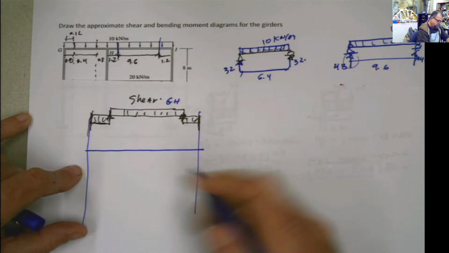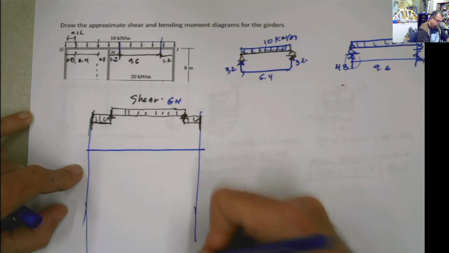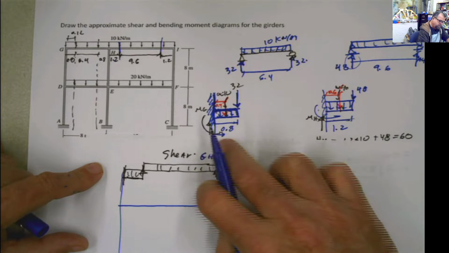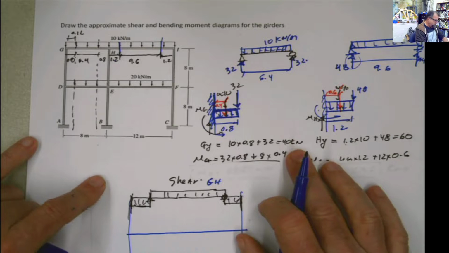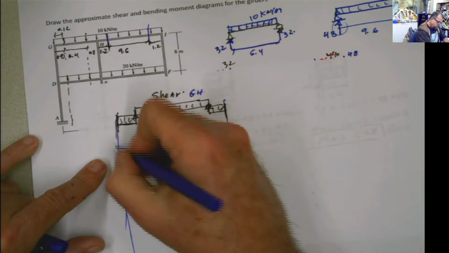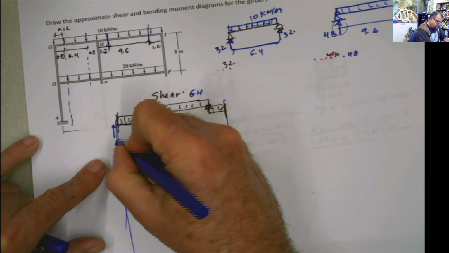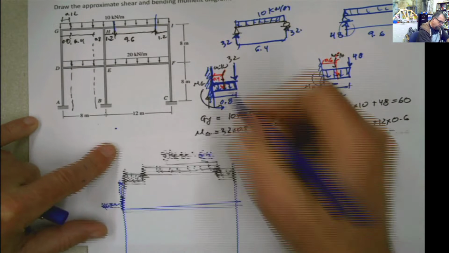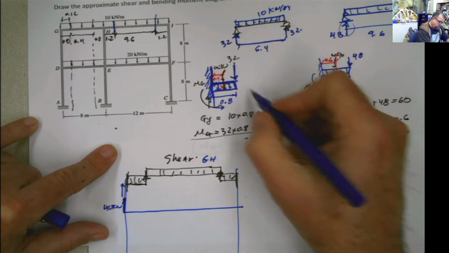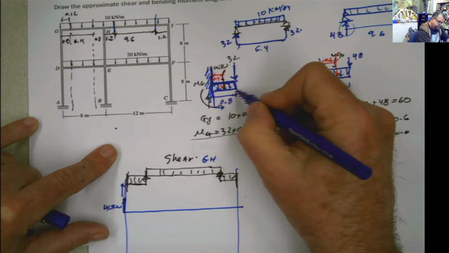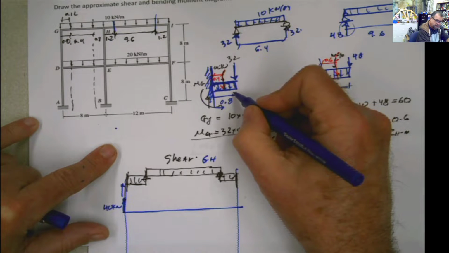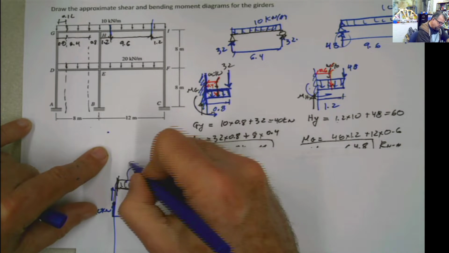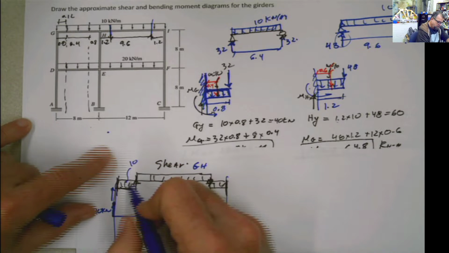Now, let's start with the shear diagram. I'm going to do shear and moment, in the same way. If we want to do shear, this is what we have. I have a shear force here of 40 kilonewton. Remember this reaction? 40 kilonewton, right there. And then, if I'm going only to the edge of the cantilever, the distributed load is 10 and the length is 0.8.